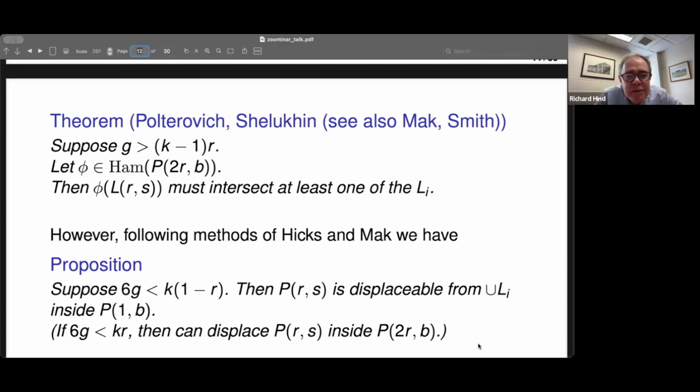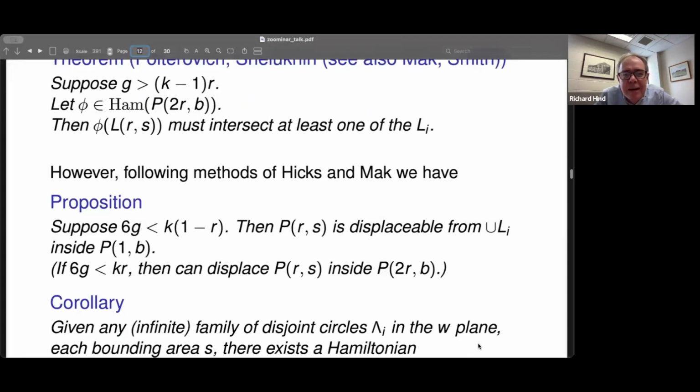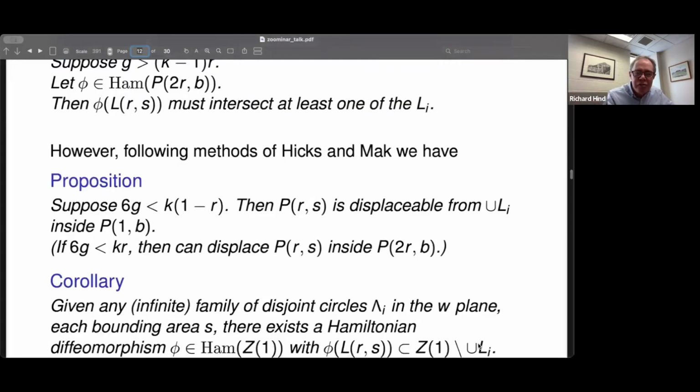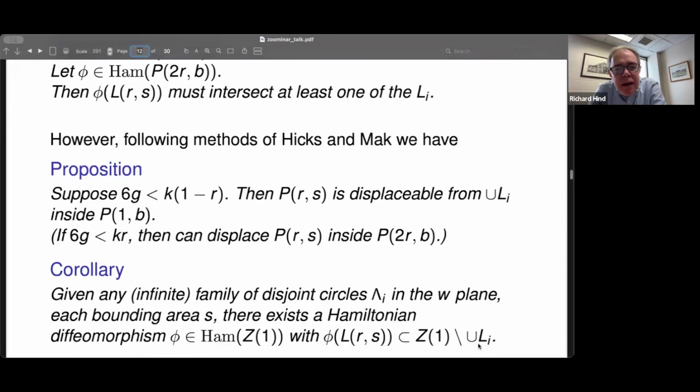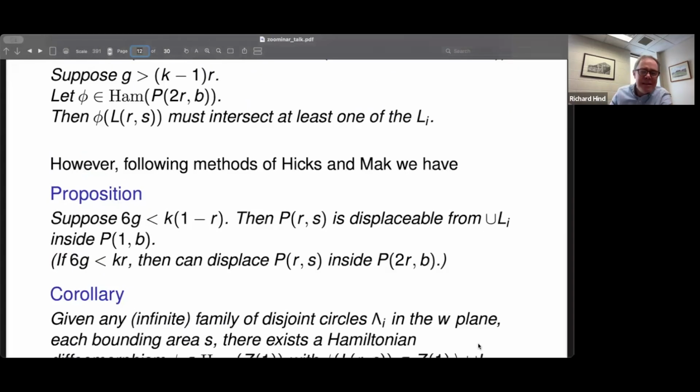So there's that, which maybe suggests K can be replaced by something smaller. However, there's a nice paper of Hind and Mak doing constructions along these lines, and if we follow their methods, we get the following. Unfortunately, the bounds don't quite match here. It's a bit of a shame about this 6, but it's the best we can do at the minute.